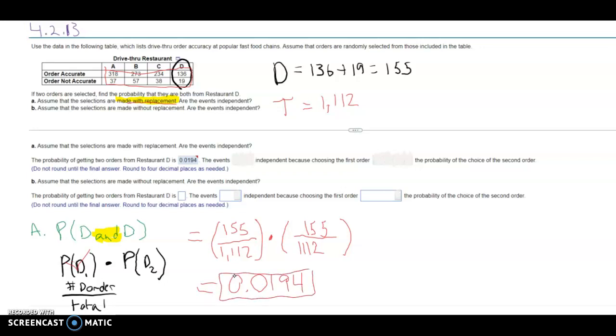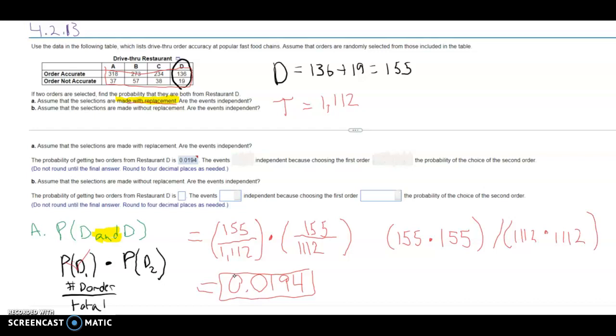Make sure when you put that in your calculator, you can do just like I have here, put parentheses around each fraction, or you can put 155 times 155, close parentheses, divided by 1112 times 1112, close parentheses.